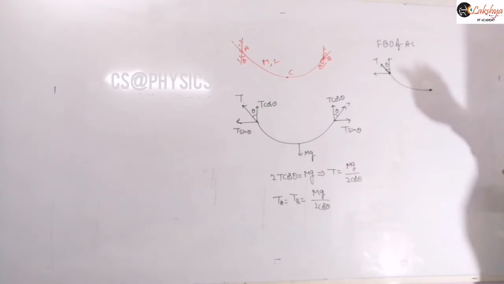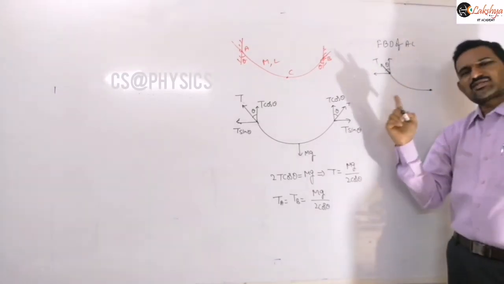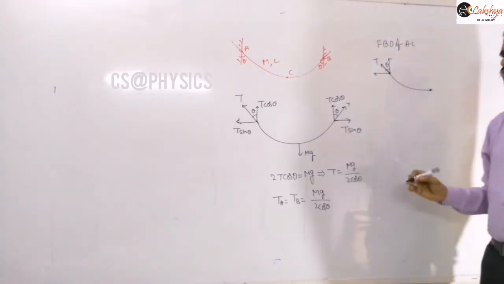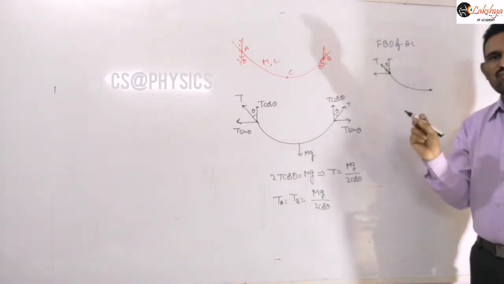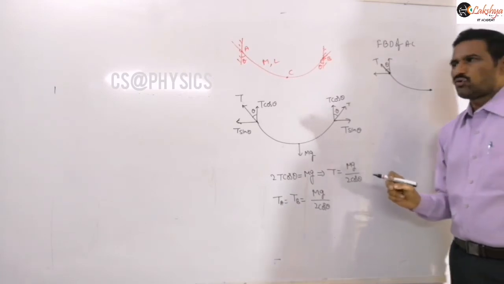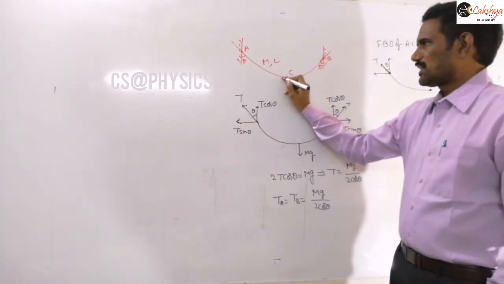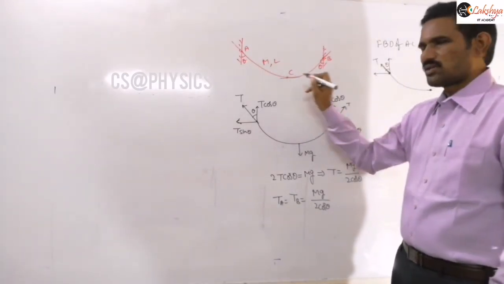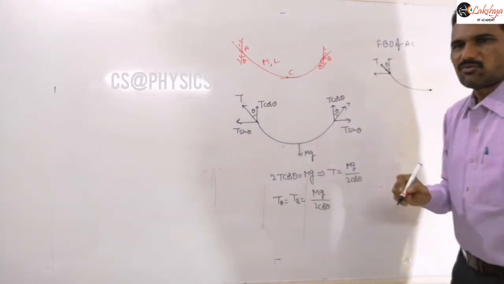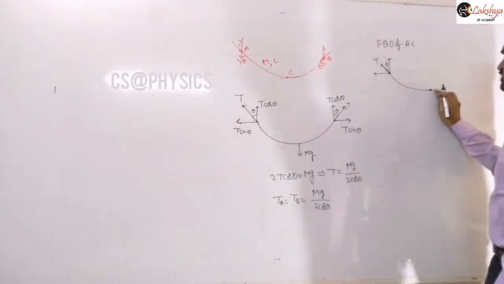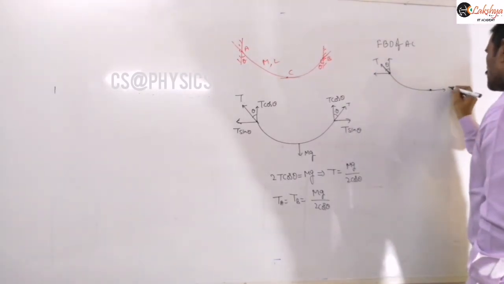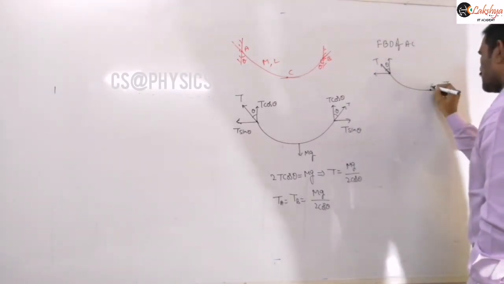We are taking C as the lowest point, and at the lowest point the tension is always along the tangential direction. Lowest point means the tangent drawn to the string must be horizontal. So the tension at point C must be along this horizontal direction.